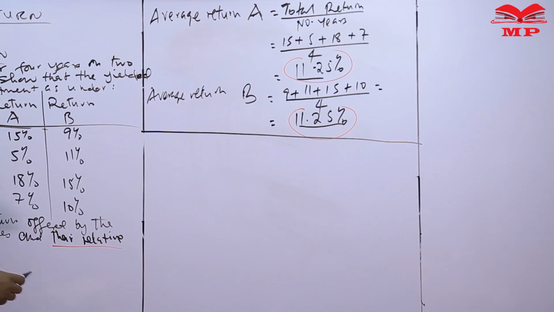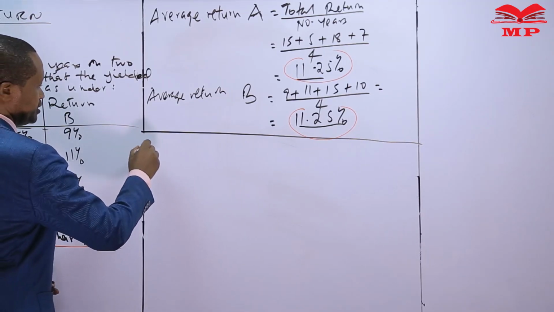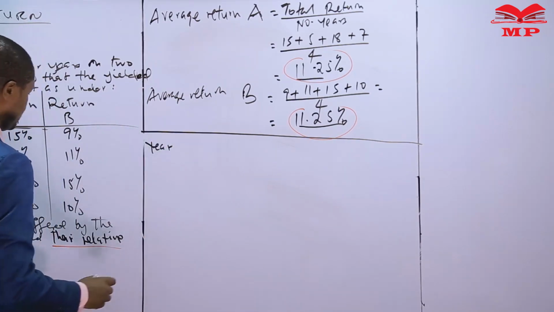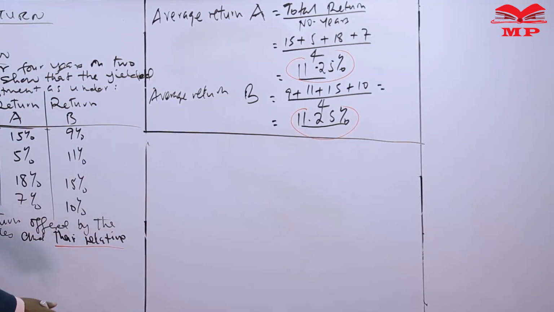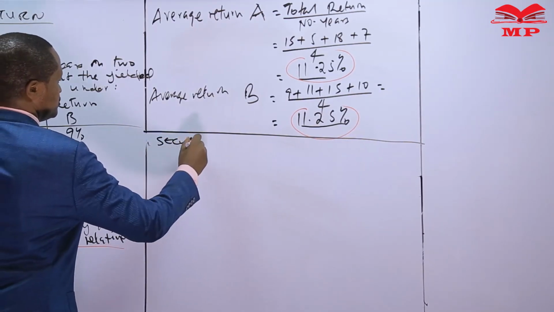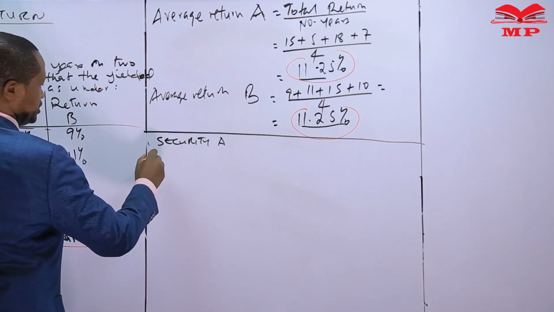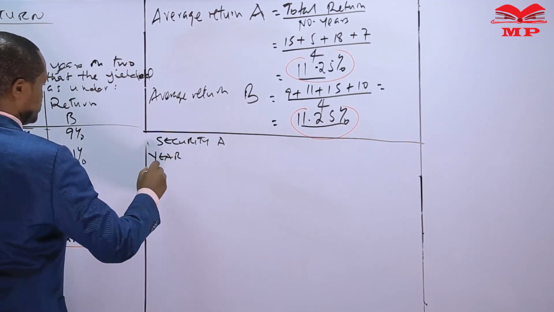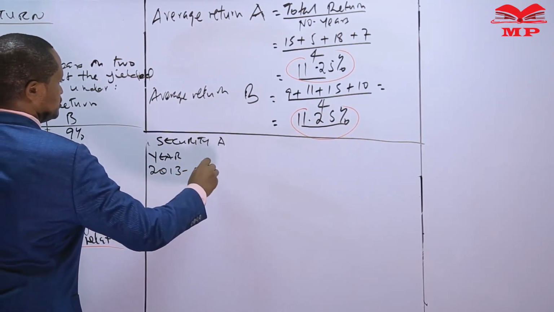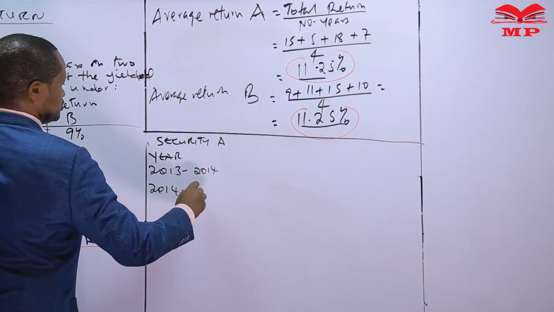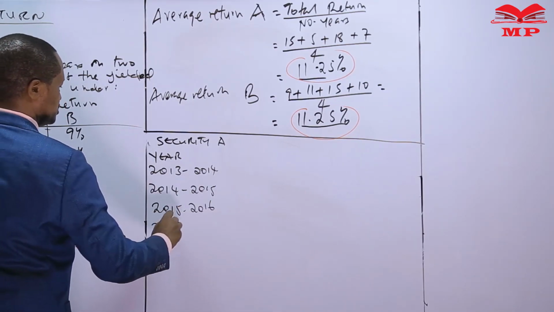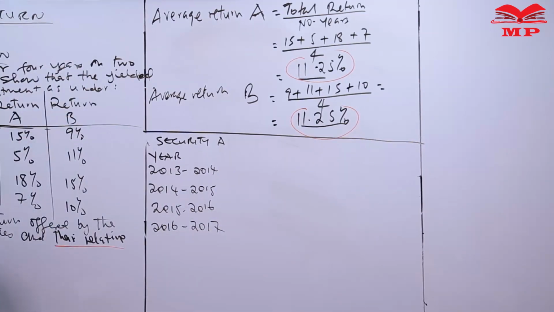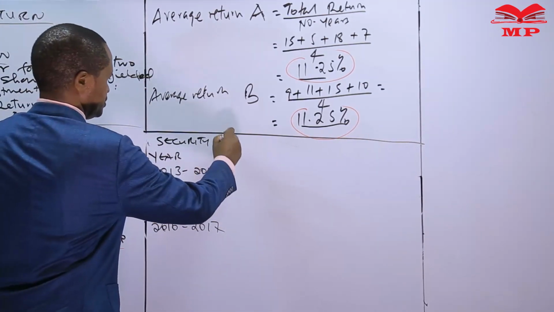So we come here, part B of the question. We start with security A, and we'll have a column for the years: 2013 to 2014, 2014 to 2015, 2015 to 2016, 2016 to 2017.